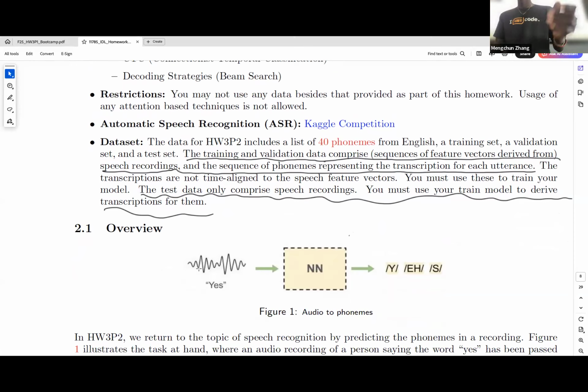But for homework 3 P2, it's sequence to sequence. So you have the entire number of frames. It could be 100 frames, but you're only given 4 phonemes. If you're trying to pronounce the word hello, I can say hello, and someone else can say hello, and someone else can have a higher intonation. We will pronounce the word hello differently. So what you need to recognize is that all these people are trying to pronounce the same thing, okay? And the labeling for this particular number of frames is just hello.